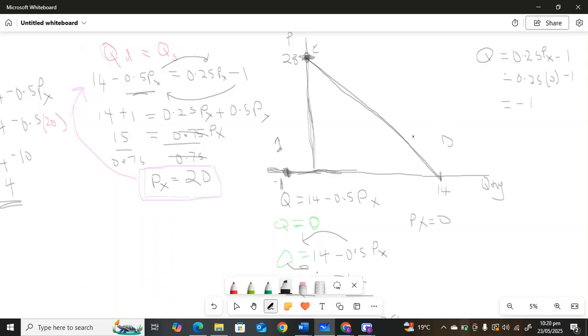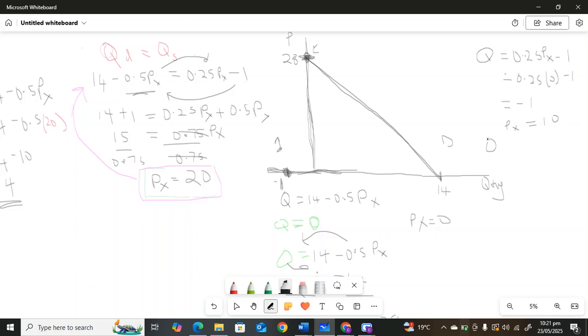Then you can find another point. Since we're reaching up to 14 here, we can use Px equals 10, so that you connect the two points. When Px equals 10, what will be our Q?